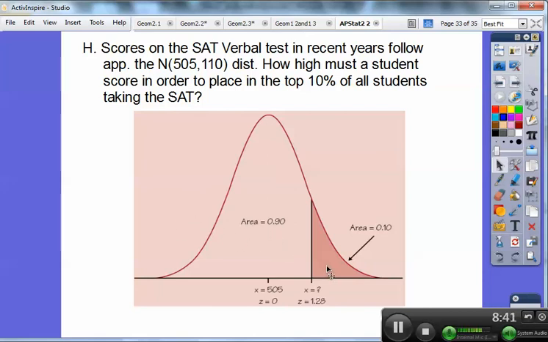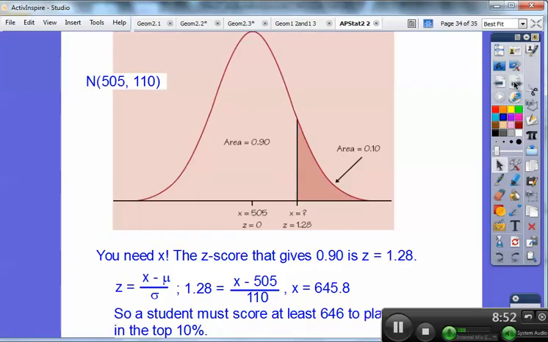So to the left of the top 10% is 90%, because the book always gives me to the left. So you look in the big body of the table and find the one that's closest to 0.90.